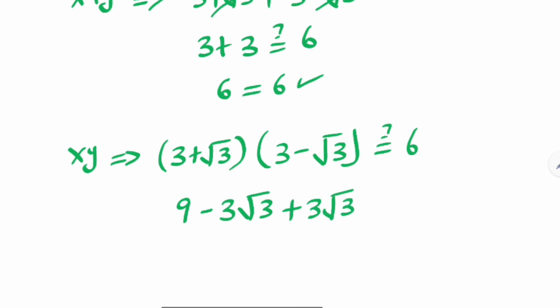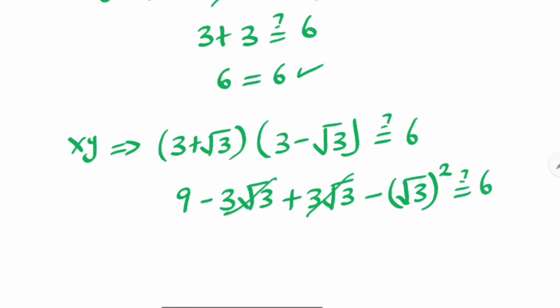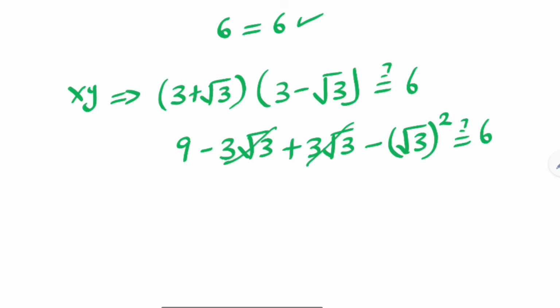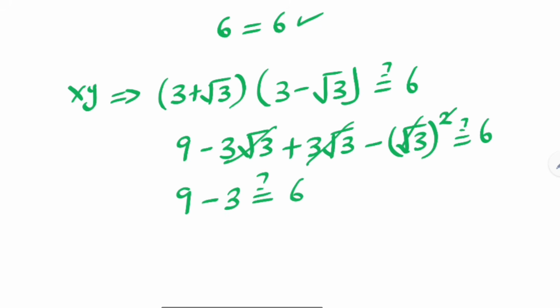Then root 3 multiplied by minus root 3, this is minus root 3 squared, must be equal to 6. Minus 3 root 3 cancels this 3 root 3. Then we have 9 minus 3 must be equal to 6. 9 minus 3, this is 6, is equal to 6, which is true.